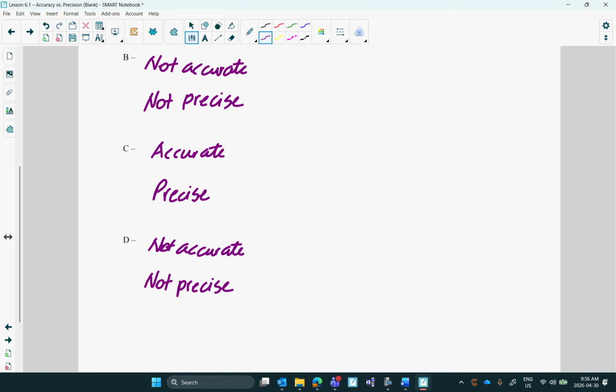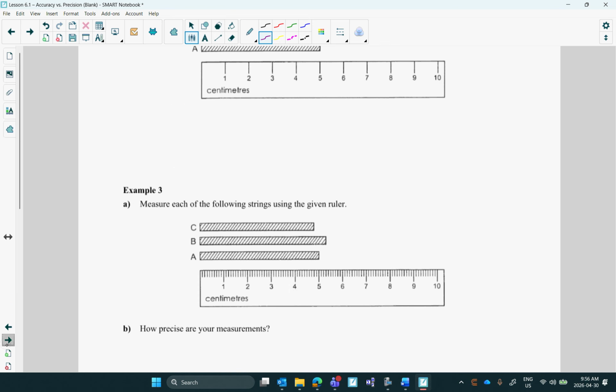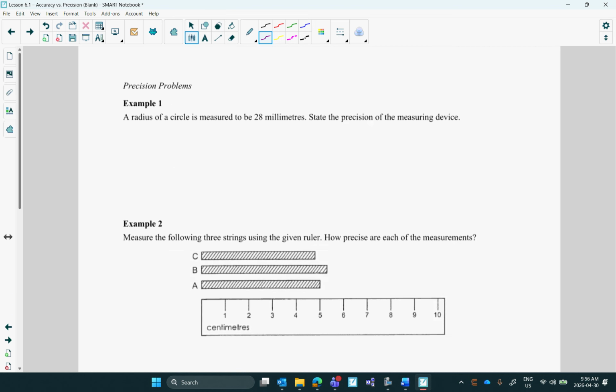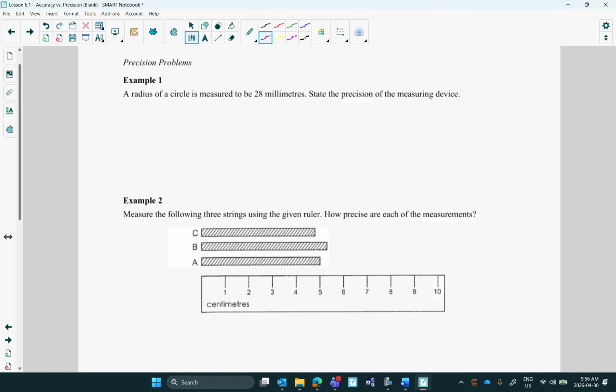Okay, so that's the difference between the two words. Now let's look at stating the precision of measuring instruments that we talked about. Okay, so a radius of a circle is measured to be 28 millimeters. What is the precision of the measuring device?